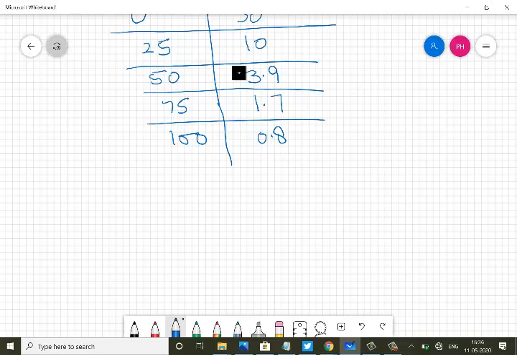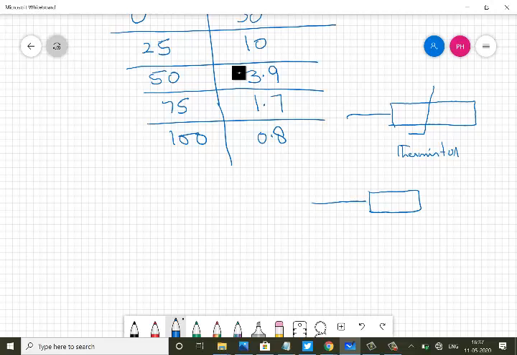The electrical symbol for a thermistor is something like this. This is a thermistor. And similarly for an LDR, light dependent resistor, or photoresistor, the electrical symbol is something like this.